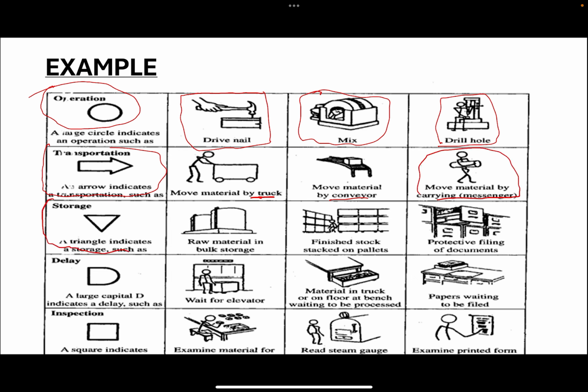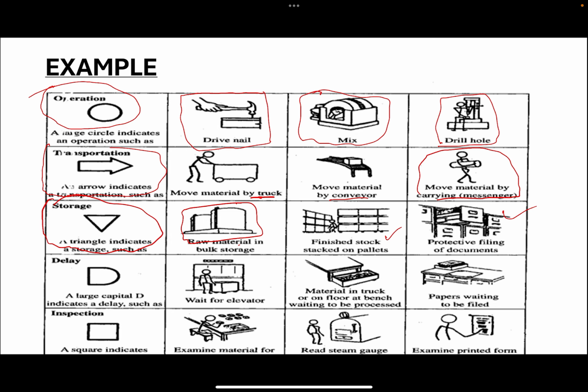Then let us see what the storage is. So you can see the raw material in bulk storage. So this is with an authorization, you are storing somewhere, and it will be released only upon receiving a particular authorization. Okay, then you have the finished stock stacked on pallets. Then you have protective filing of documents.